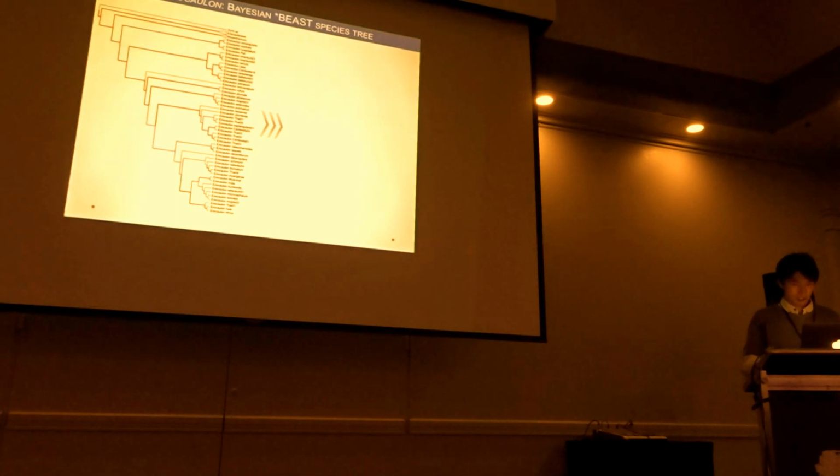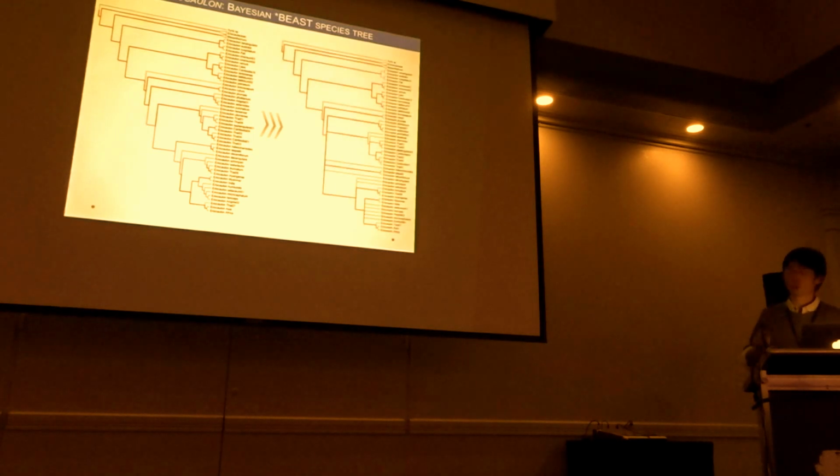And then later we manually collapsed the tree because some clades failed to get higher support, so that we use this polytomic topology with higher support for the subsequent analysis, like phylogenetic analysis.